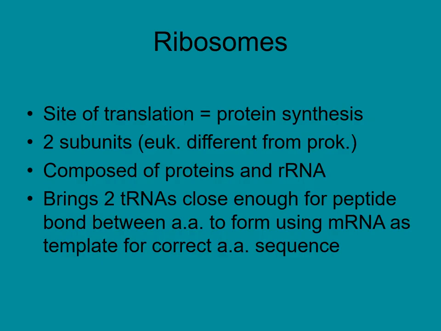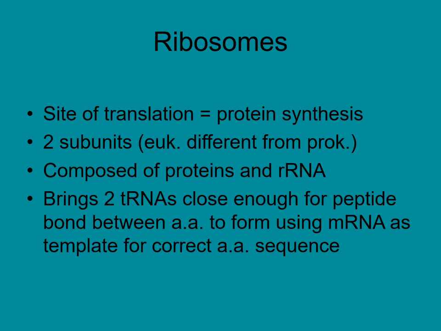So what you're going to do, transfer RNAs, they go out and they bind to an amino acid. So on the end of them, they have an amino acid. So if you bring two of those together, each of them having an amino acid, you're bringing them close enough to form this peptide bond between those two amino acids. And that's what you want to do because you're wanting to make a protein, which is a sequence of amino acids. You have to form those peptide bonds to get that chain of amino acids.